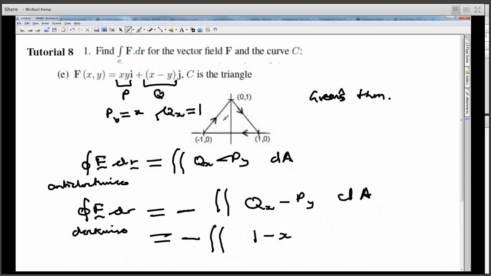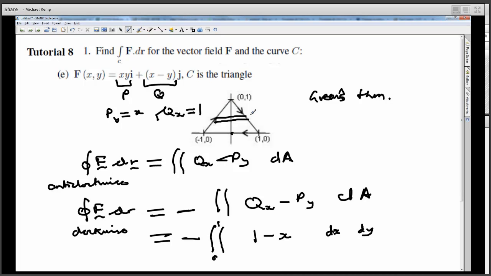Now, it's easier to split it up as a type 2 region, so integrating, cutting in this direction first. Therefore, we really want to bound the whole thing by functions of y, so that we integrate x first and then y second. The limits for y go from 0 to 1, so it's the outside limit, and that's easy.